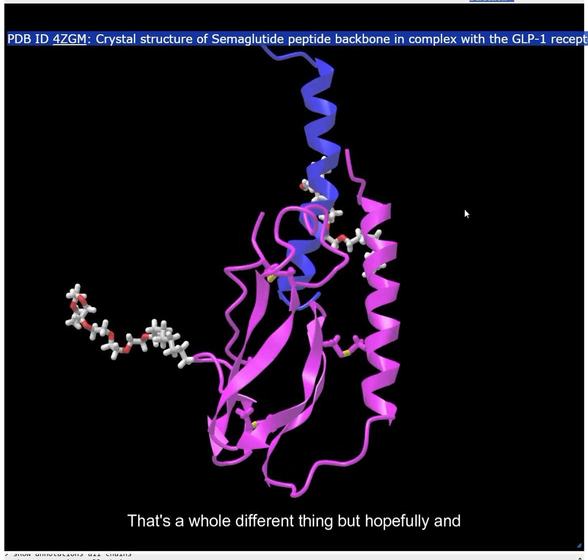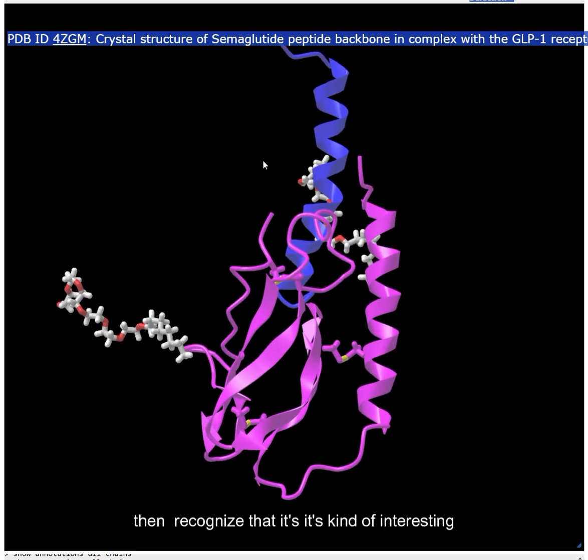But hopefully, to recognize that it's kind of interesting that the deactivation cleavage site is actually on the portion which has the greatest exposure to the extracellular fluid.